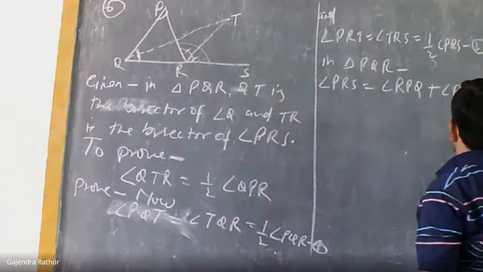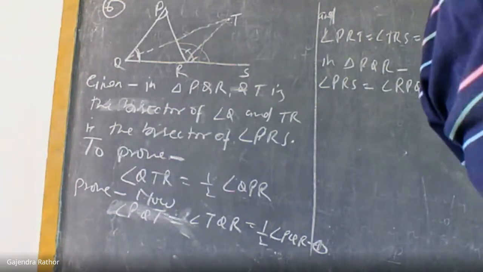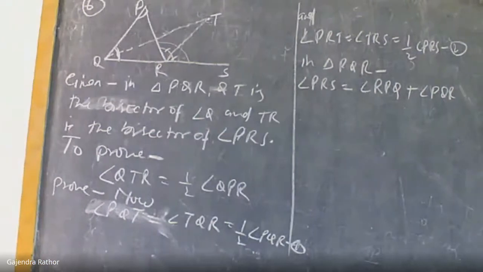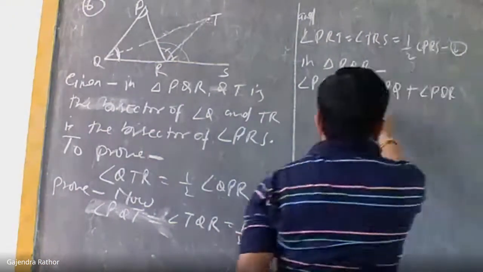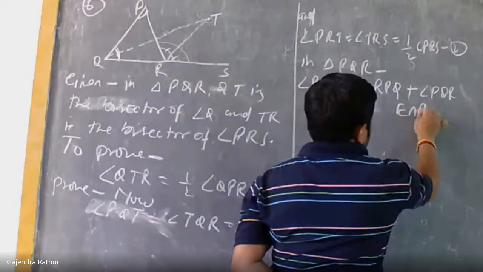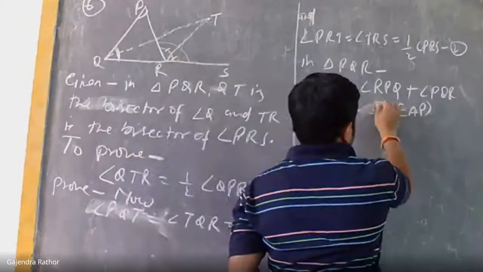What is the property? Exterior angle property. Write also the name of the exterior angle property. That is equation number 3.